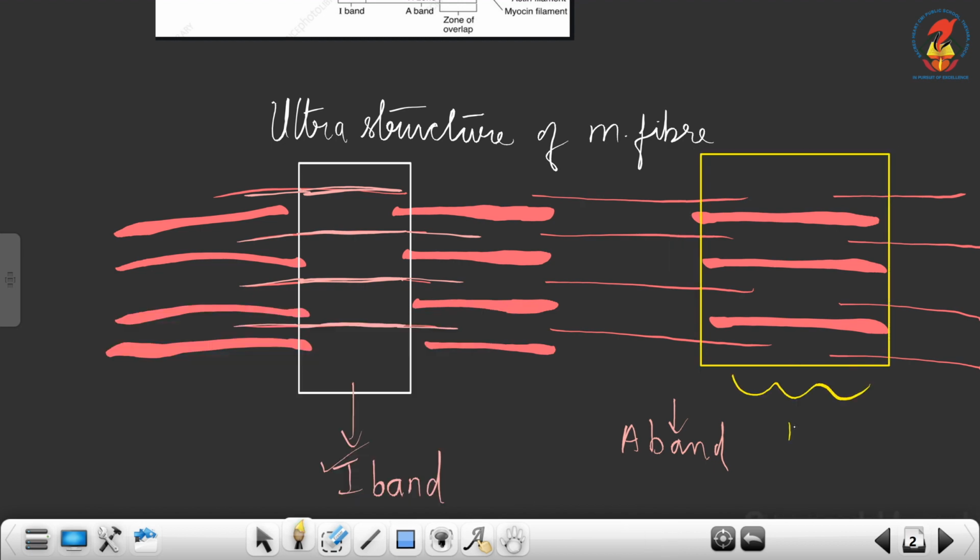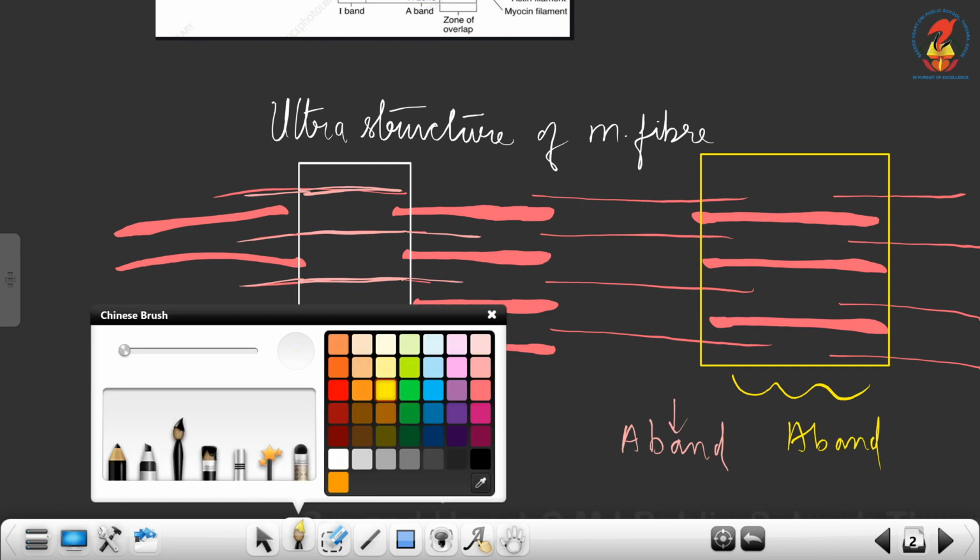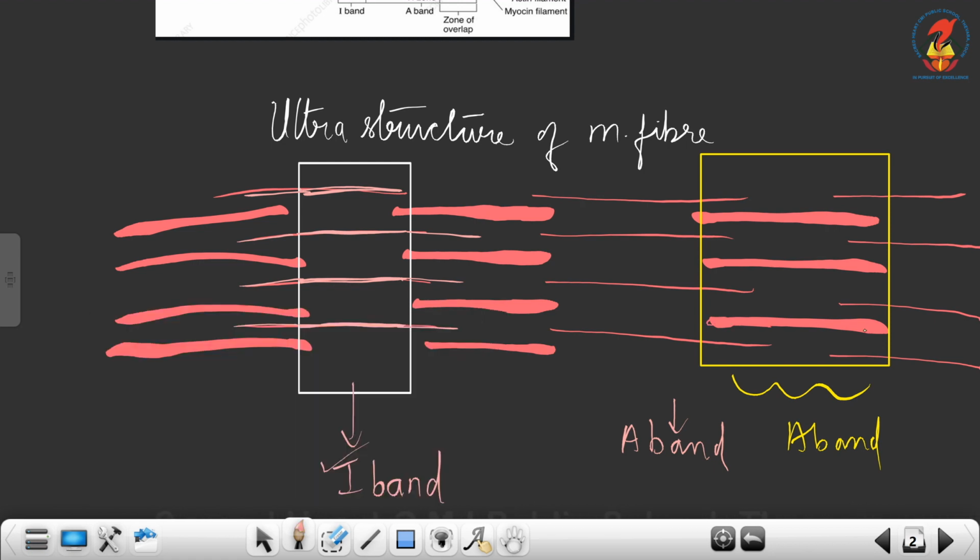See, this is the correct A band, and A band stands for anisotropic band. See, if I am indicating with the same pink color, it consists of the full length of thick filaments, and also the edges of the thin filament. So it is called anisotropic. So the name is justified. Like we say heterotropic, this is anisotropic because it comprises full length of thick filaments and overlapping thin filaments.